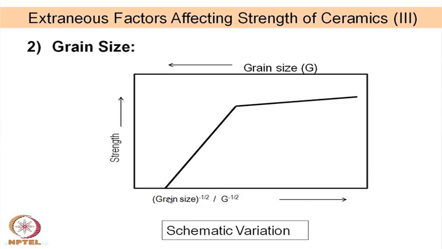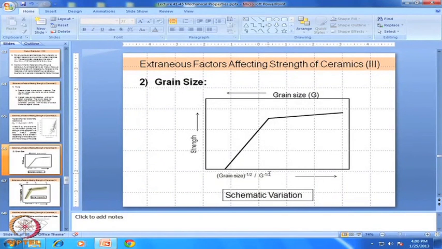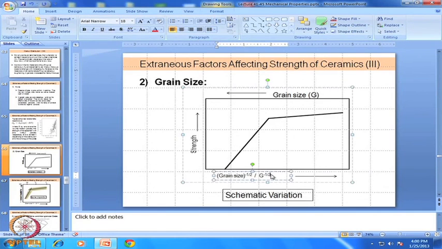There is a different kind of slope if you plot strength as a function of grain size to the power half, root grain size, or G to the power half.